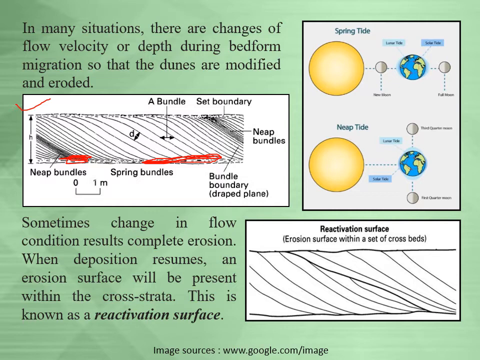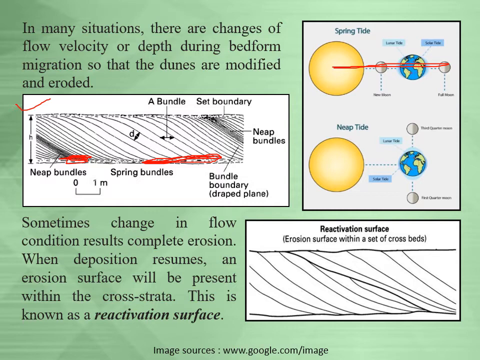tidal effect on Earth's water body is resulted due to the attraction of sun and moon. Now when sun, earth and moon occur in the same line, then the attractional force of sun and moon act together over the Earth's water body, which faces these celestial bodies.